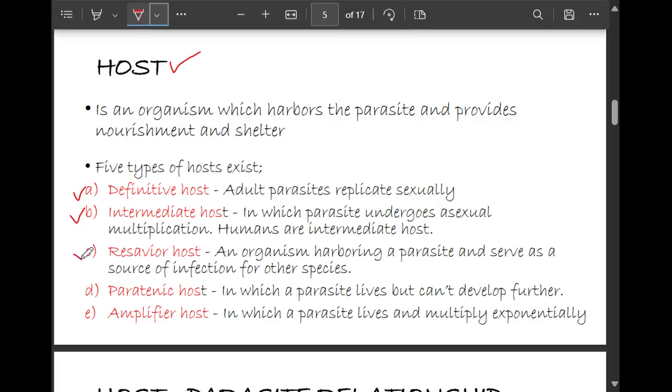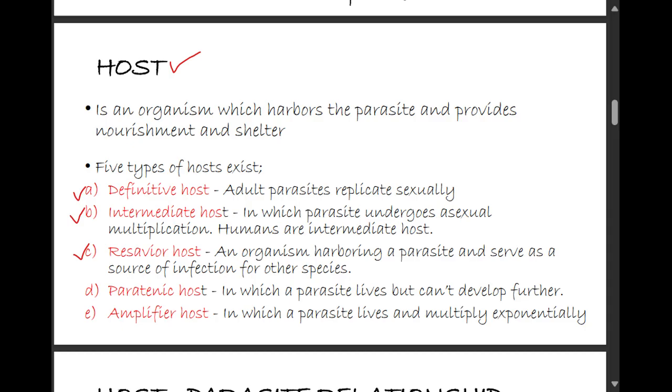Then we have the reservoir host. A reservoir host is simply an organism that harbors a parasite and serves as a source of infection for other species.